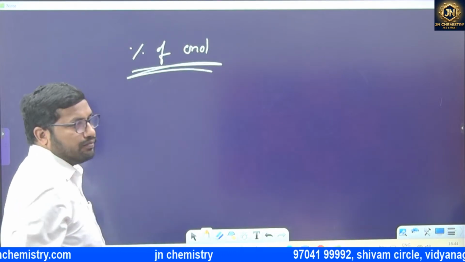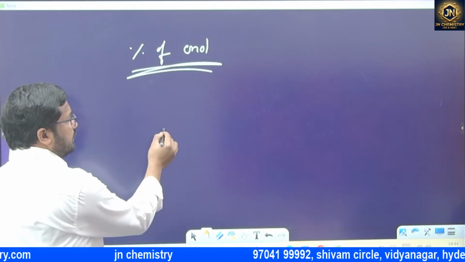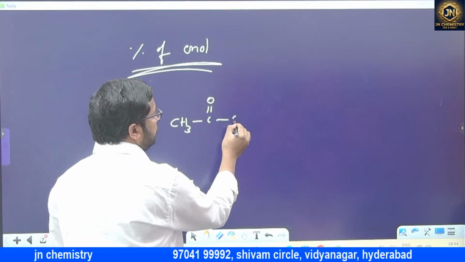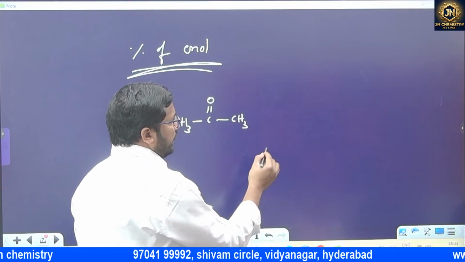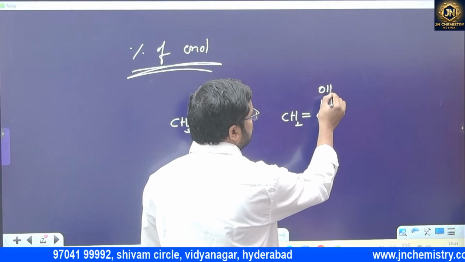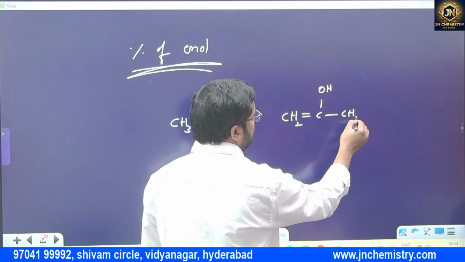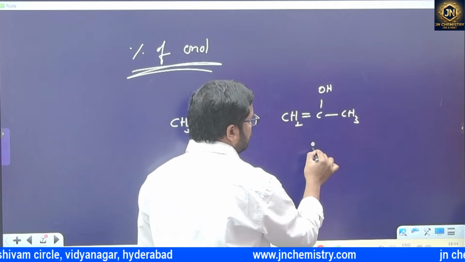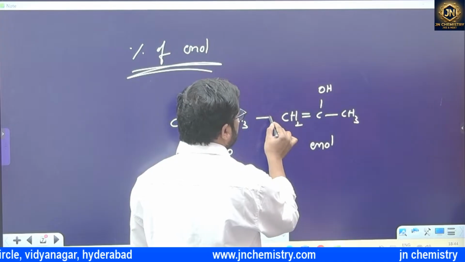Percent of enol. So for example here, CH3 C double bond O CH3 and CH2 double bond C OH CH3. So this is the keto form, and this is the enol form.